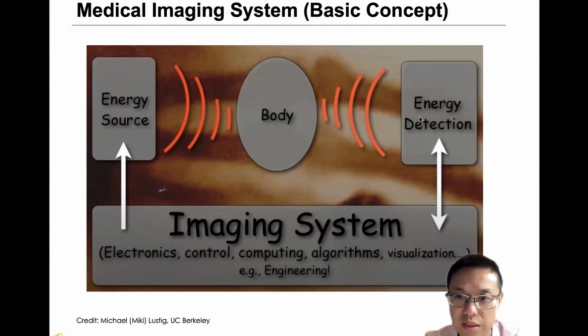There's an energy detection component that detects the remaining energy that passed through the body. Then, using this detected energy, computer programs or algorithms do the visualization or imaging, so you can see what's going on with the different body parts.